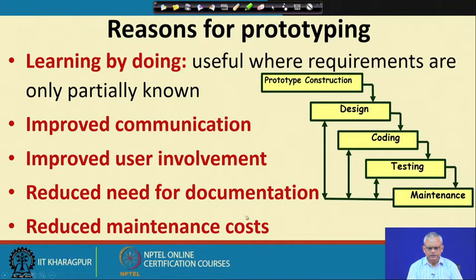It also results in reduced maintenance costs because the development quality is good. The developers first develop the prototype, they gain expertise by doing a prototype, and then they are better prepared to carry out the actual development, and normally the software has better quality and therefore, the maintenance costs are lower.